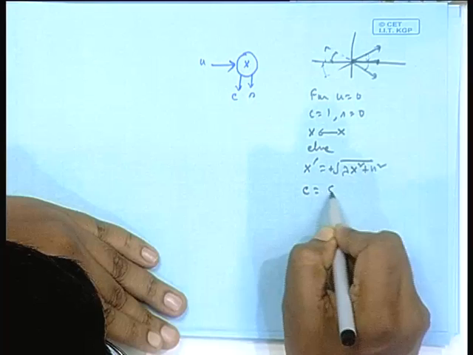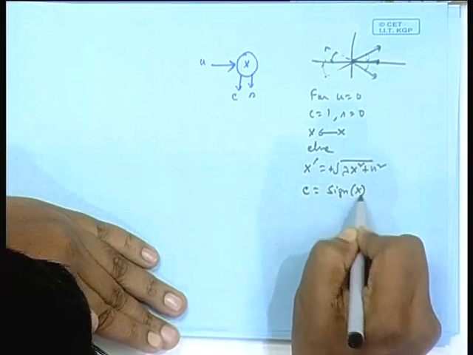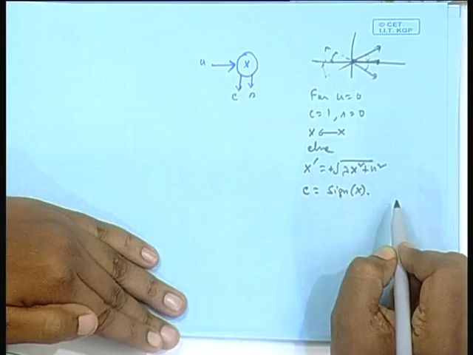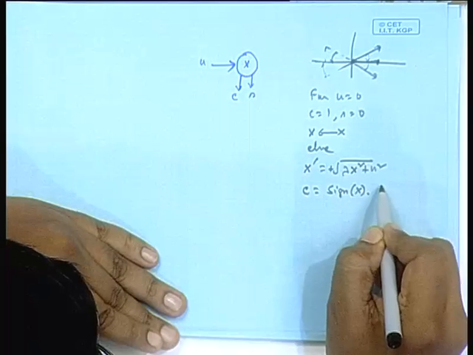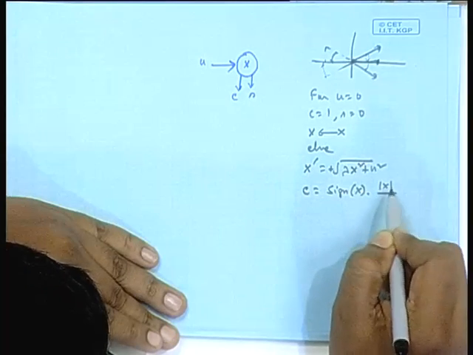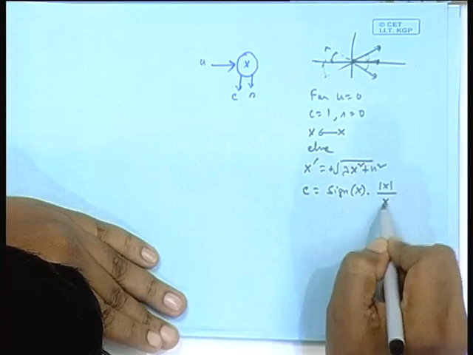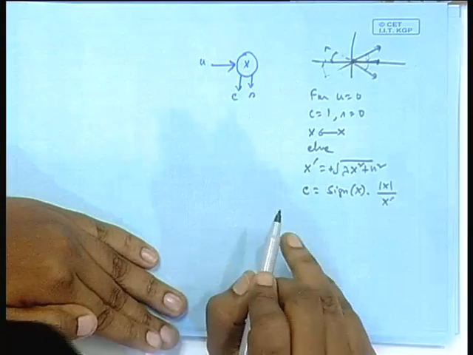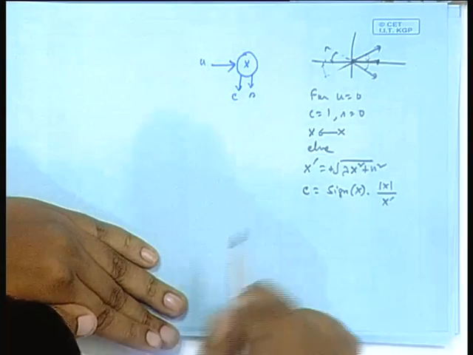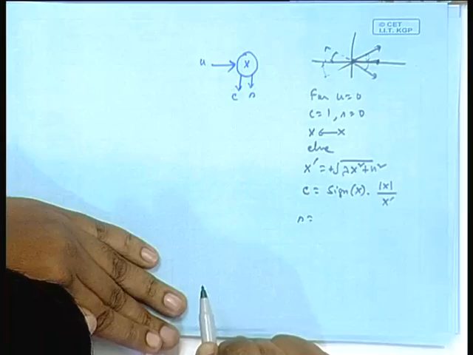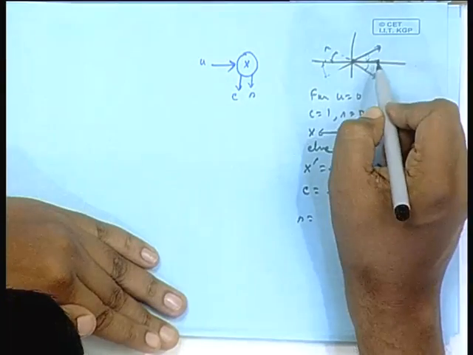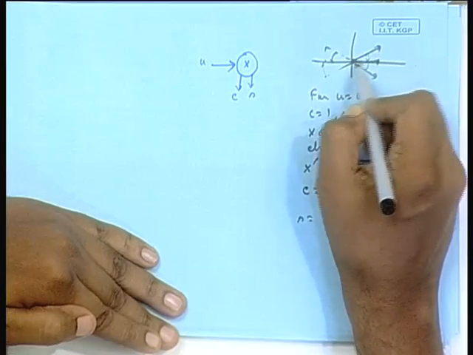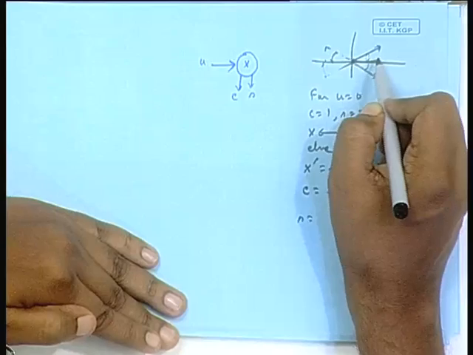Then C is sign of x times x prime. I am already taking the plus value. It's fine. And S will be, the magnitude of S is always u by this length.